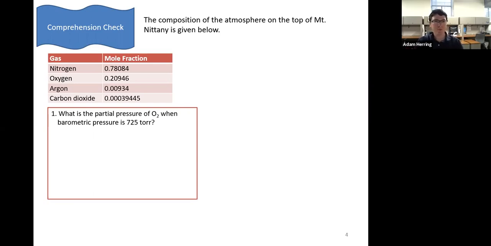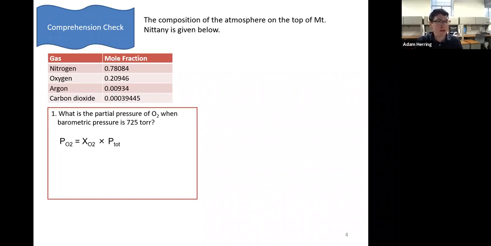I'd like you to pause the video and try this on your own, and then I'll walk you through a solution. Welcome back. If we want to find the partial pressure, we need to relate the mole fraction to the total pressure. Remember that the barometric pressure is the total atmospheric pressure. So in this case, our barometric pressure of 725 torr is our total pressure.